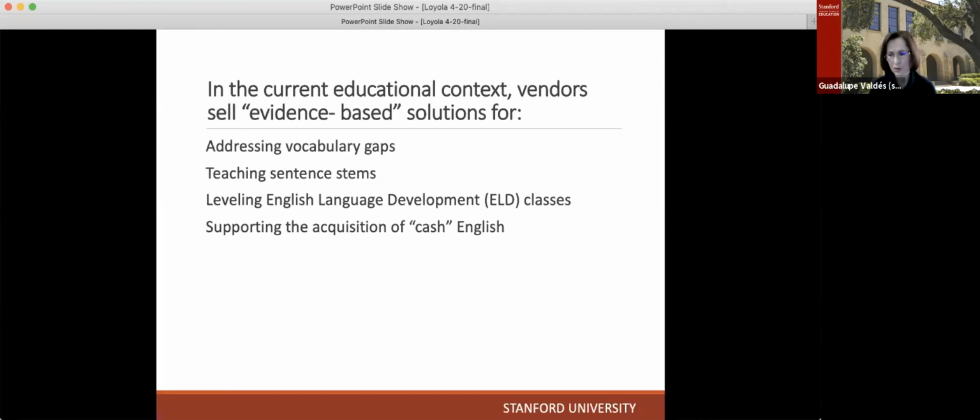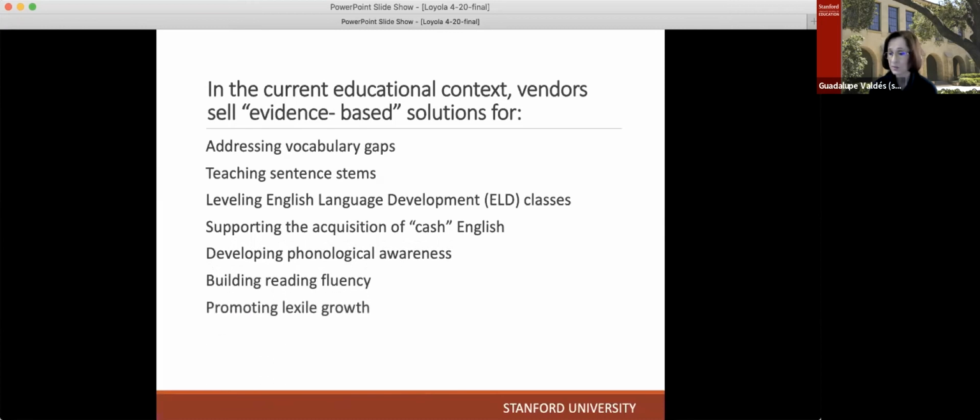They may sell you a wonderful program so that you can teach standard English, calling it cash English. And maybe some others want to deal with reading, and they'll sell you programs on developing phonological awareness, or building reading fluency, or possibly promoting Lexile growth. Right? So vendors sell a lot of materials that we hope are aligned with programs.